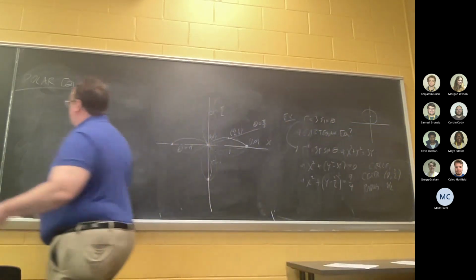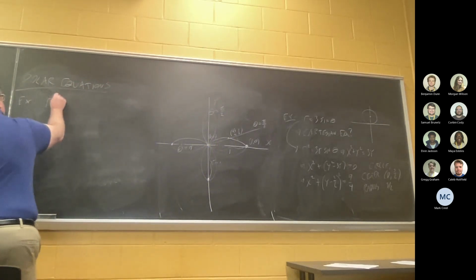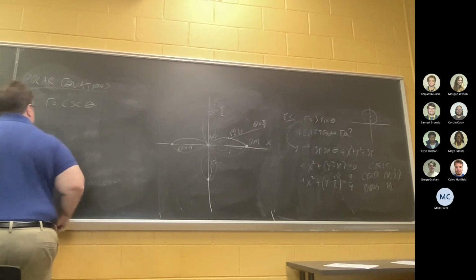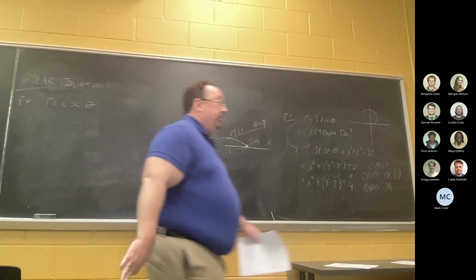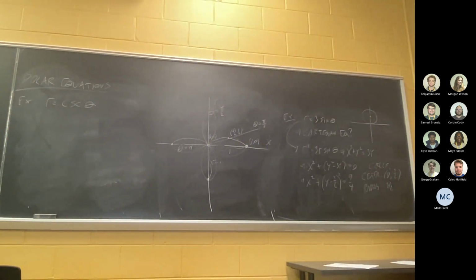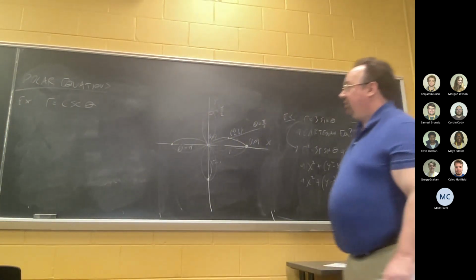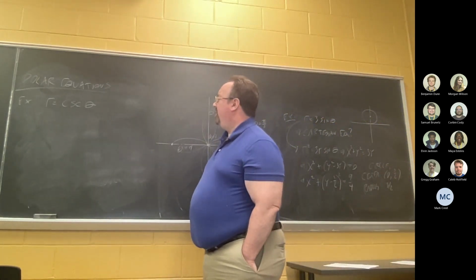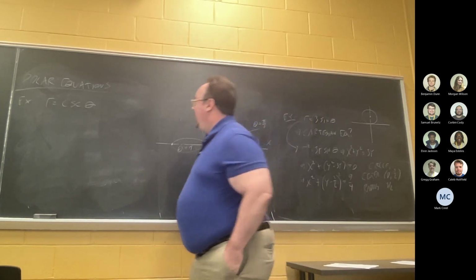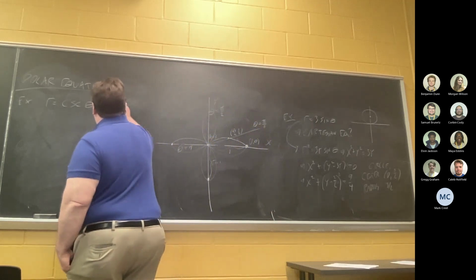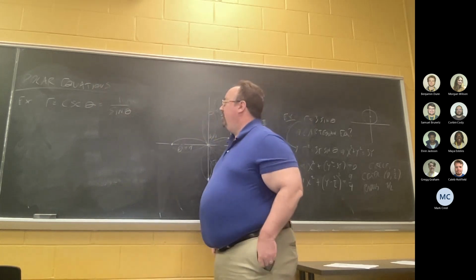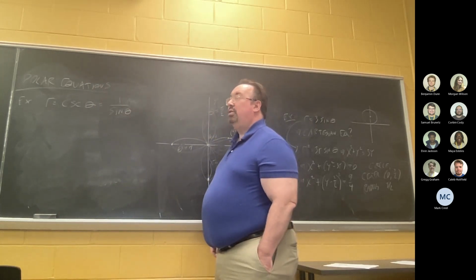Here's another one before we go the other way. r is equal to cosecant of theta. Now, in polar coordinates we like to have things expressed in terms of cosine and sine, not cosecant. So how can we rewrite this in a way that makes it easier to convert? Yeah, cosecant is 1 over sine. So what can we do as far as rearranging this to get an easily convertible equation?